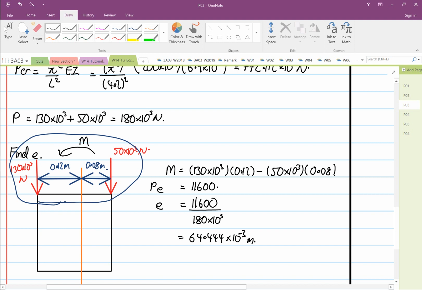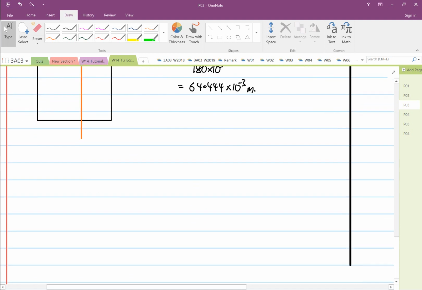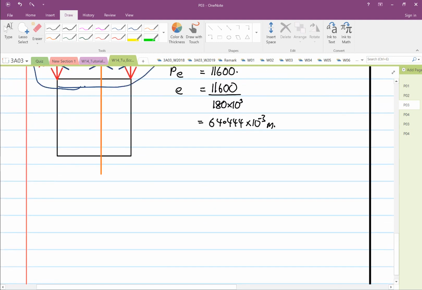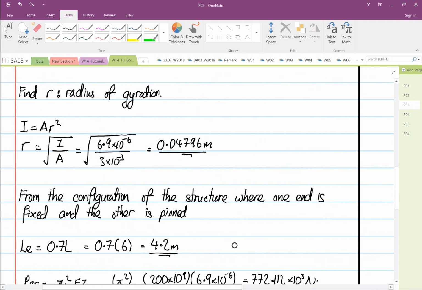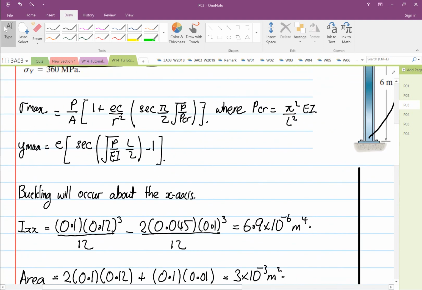Okay, so from here we're going to use this expression and apply this formula. Once you have done the analysis, it's all just plugging in formulas.